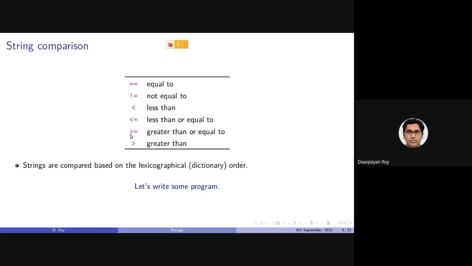It will return either true or false based on the value stored in those strings. We have also discussed that the comparison is based on the lexicographical order. The lexicographical order is basically the dictionary order.